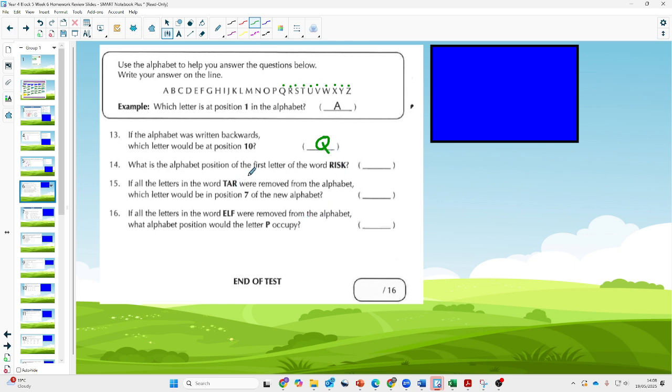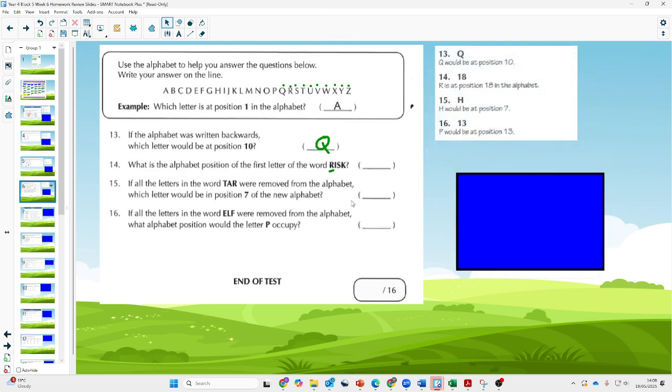What is the alphabet position of the first letter of the word risk? So it will be an R. Again, you can do your counting, and that will get you to position 18. Question 15: if all the letters in the word tar were removed from the alphabet, which letter would be in position 7 of the new alphabet? So T-A-R.